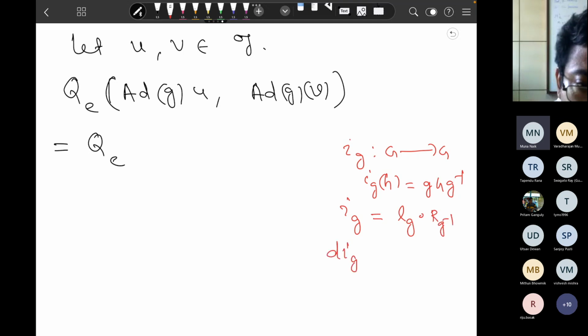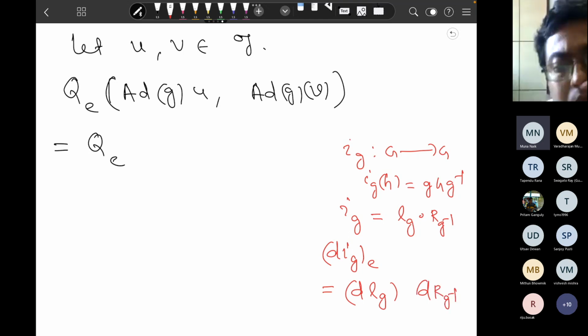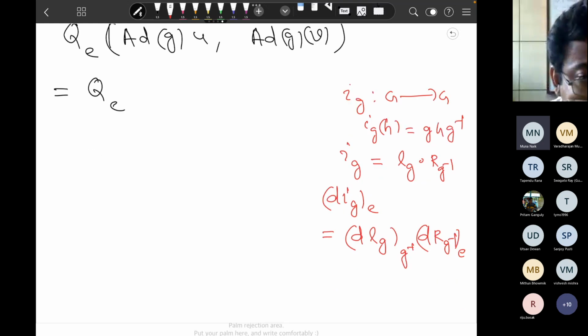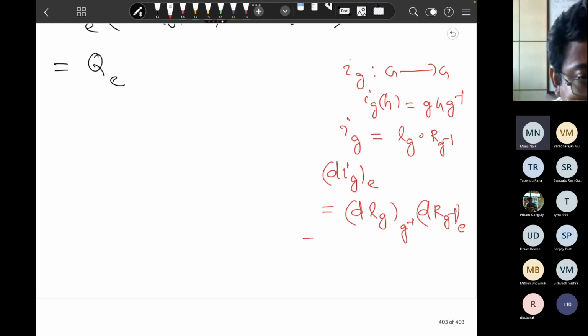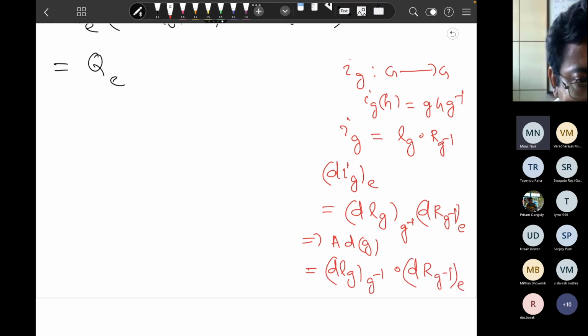If I take dI_g at the identity, this is equal to dL_g and dR_g inverse at the identity. So Ad_g is dL_g composed with dR_g inverse.